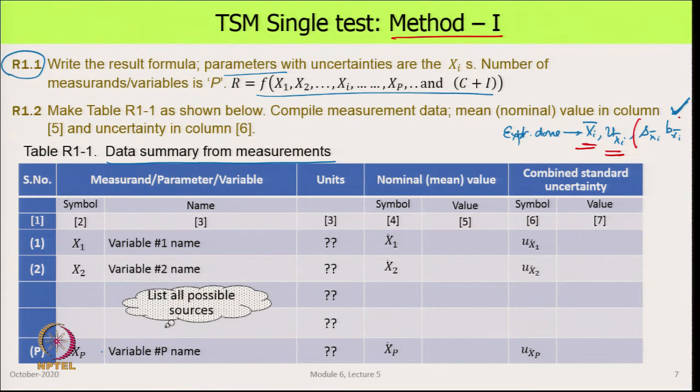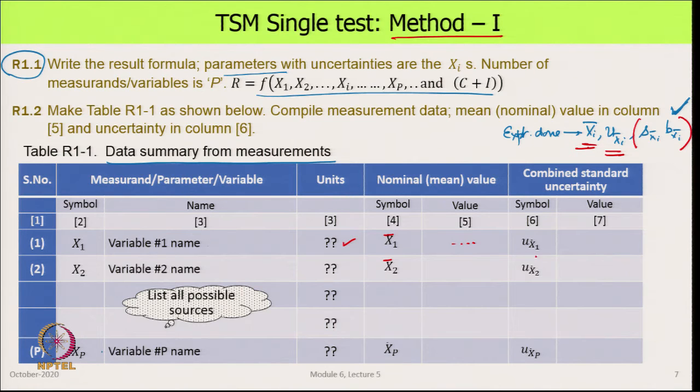This we can then forget for the time being. So, we write down first variable number 1, x 1, whatever it was, diameter, velocity, concentration, whatever it may be, name of the variable, we write its units and then say this is the symbol for it, x 1 bar, and we write the value which came from here.